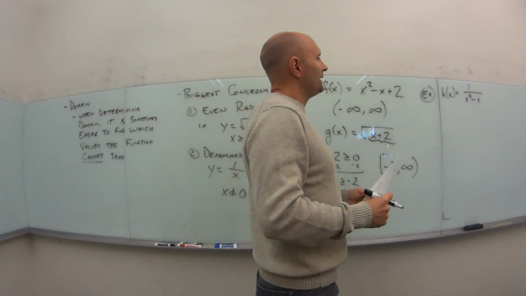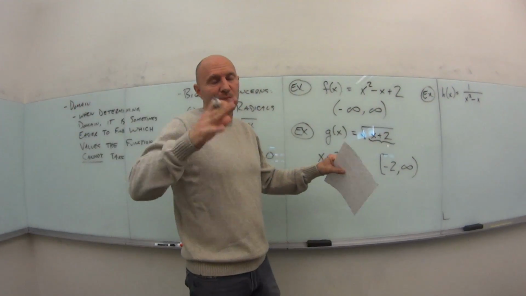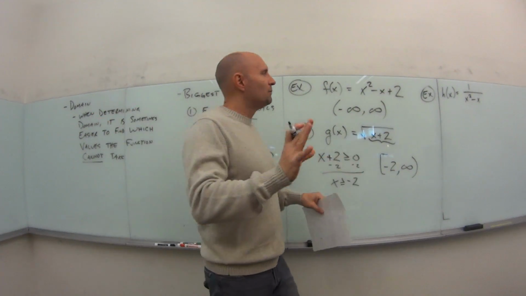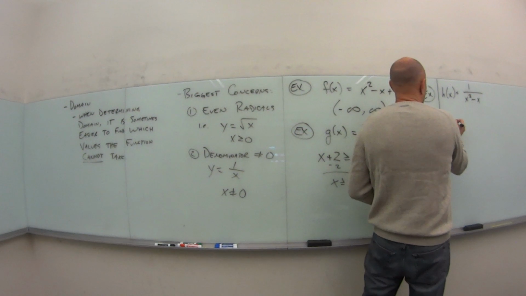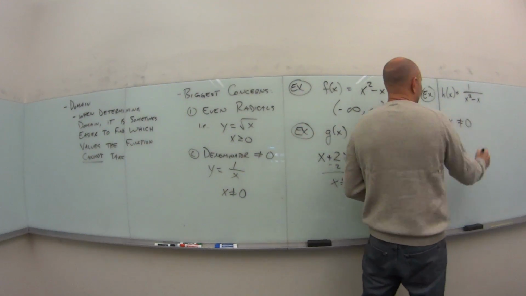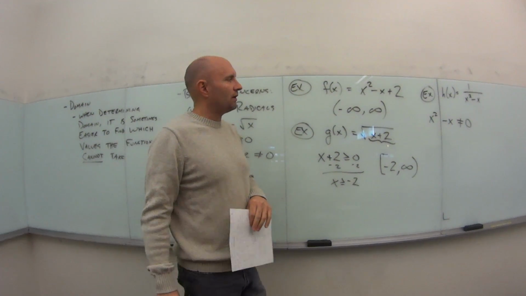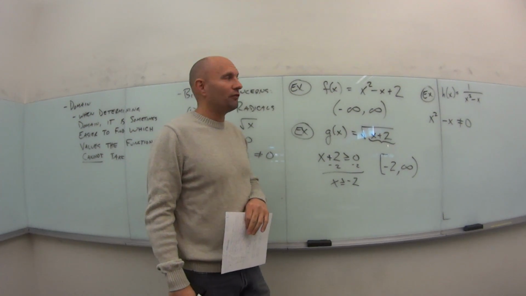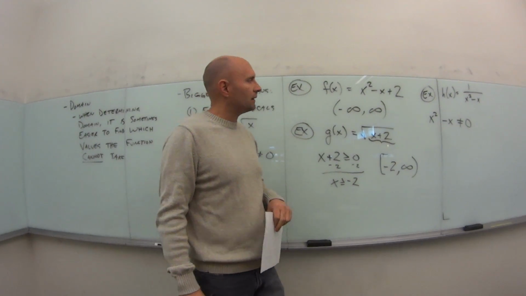That's our concern here, that the denominator piece cannot be 0. It can be any other value, positive, negative, I don't care, but it can't be 0. So what I'm going to say here is x squared minus x cannot be 0. And then I need to determine what values of x would cause this to be 0, and I can set up my intervals accordingly.